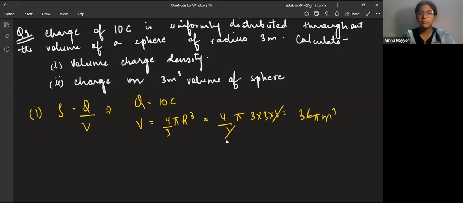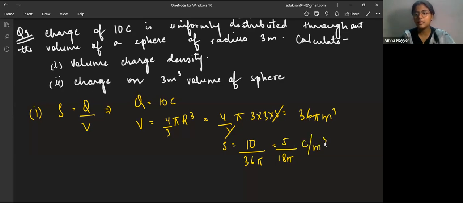So rho will become equal to 10, that is charge, divided by volume, 36 pi. You can reduce this by dividing by 2, so this becomes 5 by 18 pi coulomb per meter cube. This is rho.